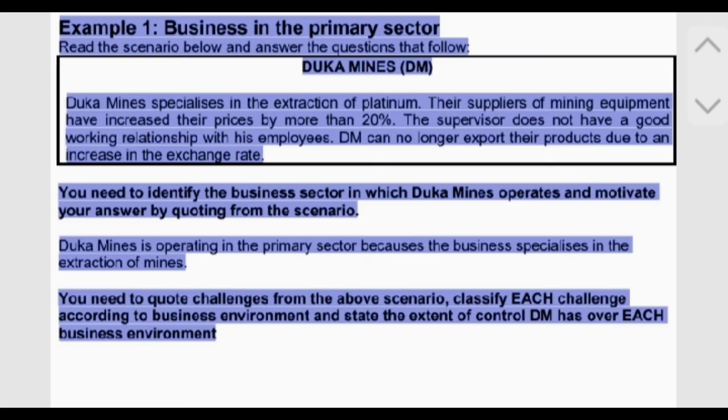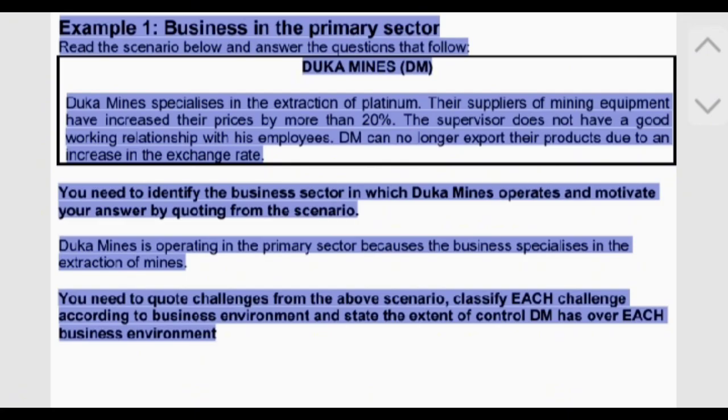That's micro. DM can no longer export their products due to the increase in the exchange rate. That's external, a macro factor. They don't have control over that one. Then the suppliers of mining equipment have increased their price by 20%.